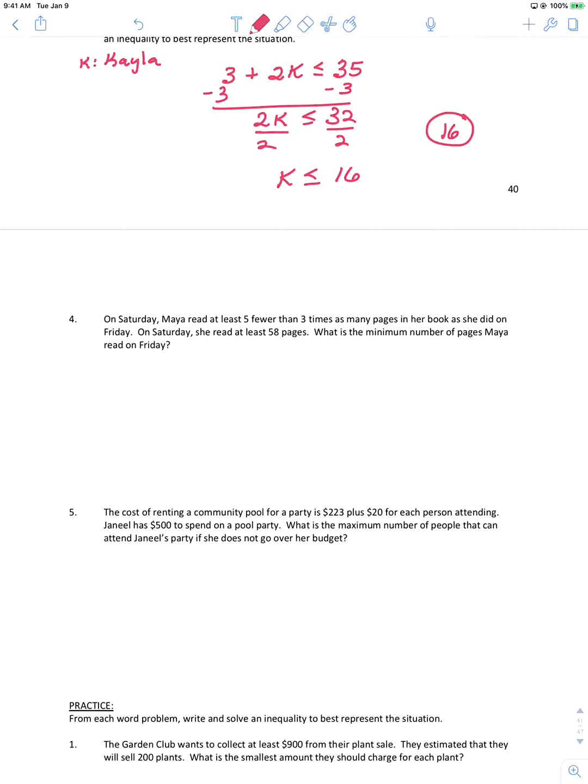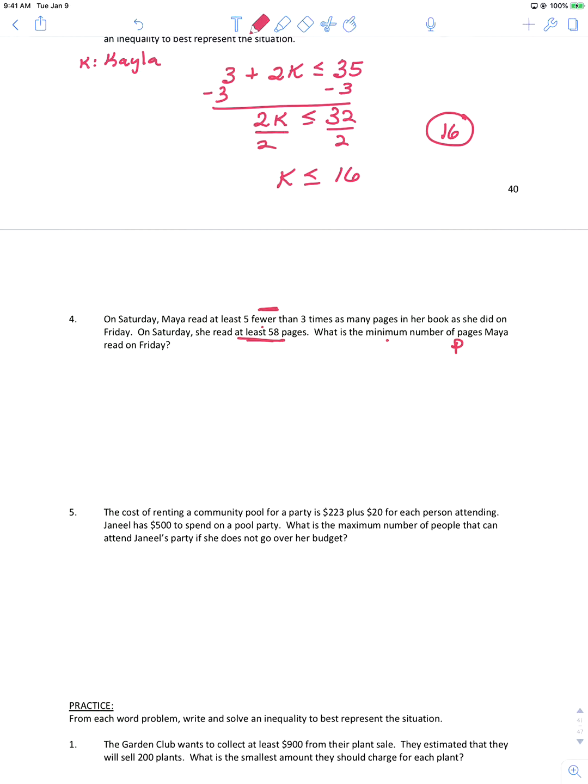Number 4, on Saturday, Maya read at least 5 fewer. Fewer means I'm going to subtract. 3 times as many pages in her book as she did on Friday. On Saturday, she read at least 58 pages. What is the minimum number of pages, P?